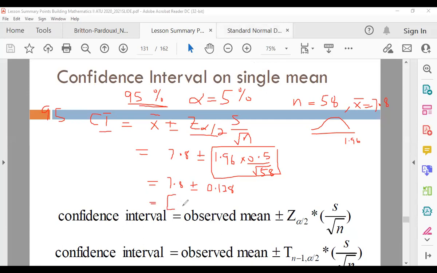So we have the interval of 7.8 minus 0.128, which gives us 7.672, and when we add to that, that should give us 7.928. This gives us our lower and upper margin within which we expect the population mean to lie with 95% confidence.